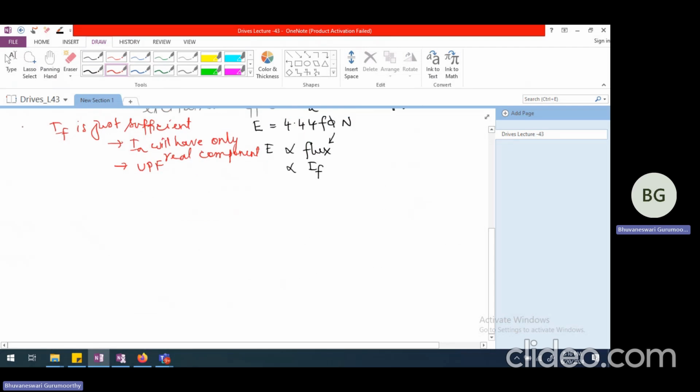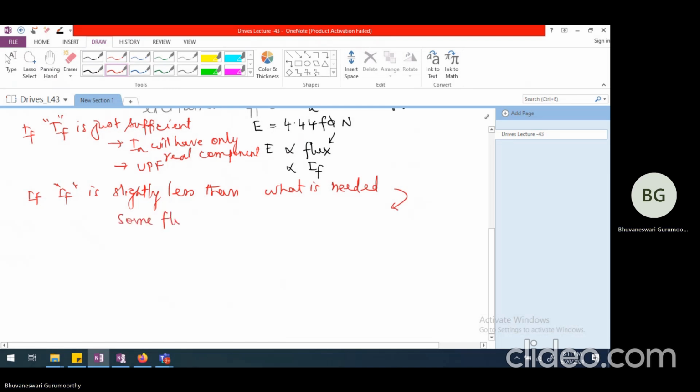But if IF is slightly less than what is needed by the machine to produce the torque, then some flux has to be compensated from the armature side, which means it has to supply some amount of reactive power.